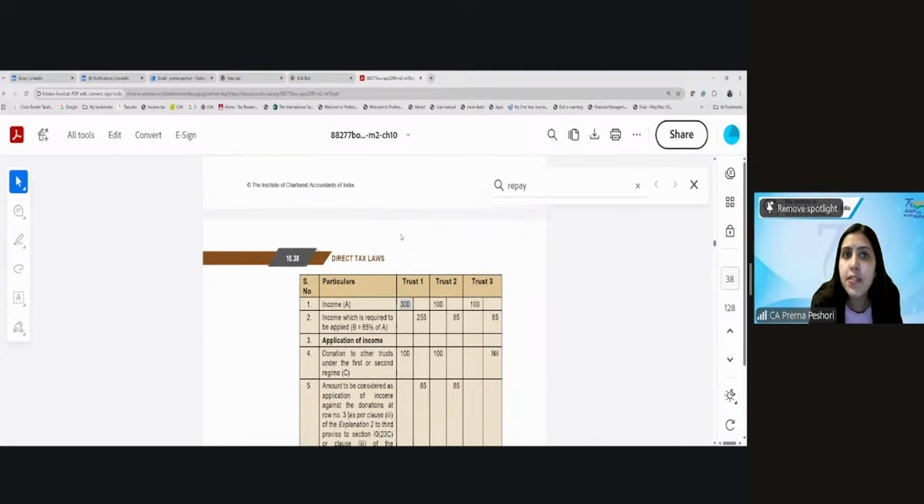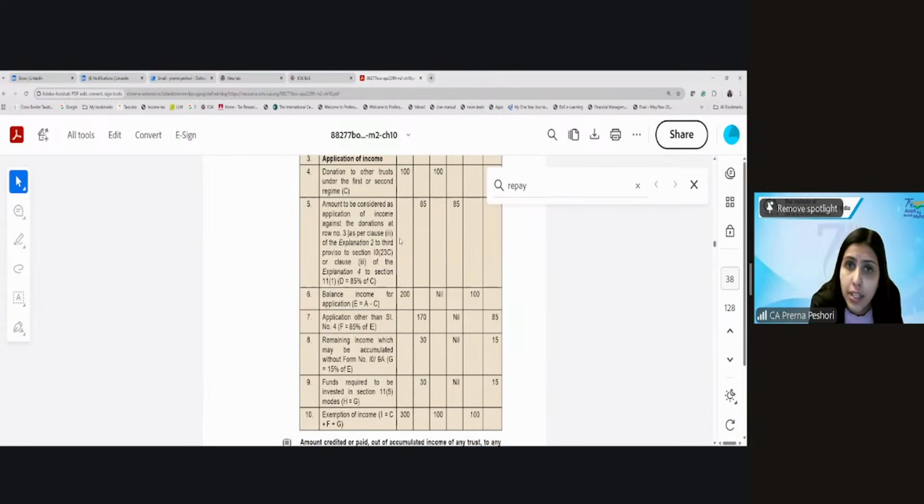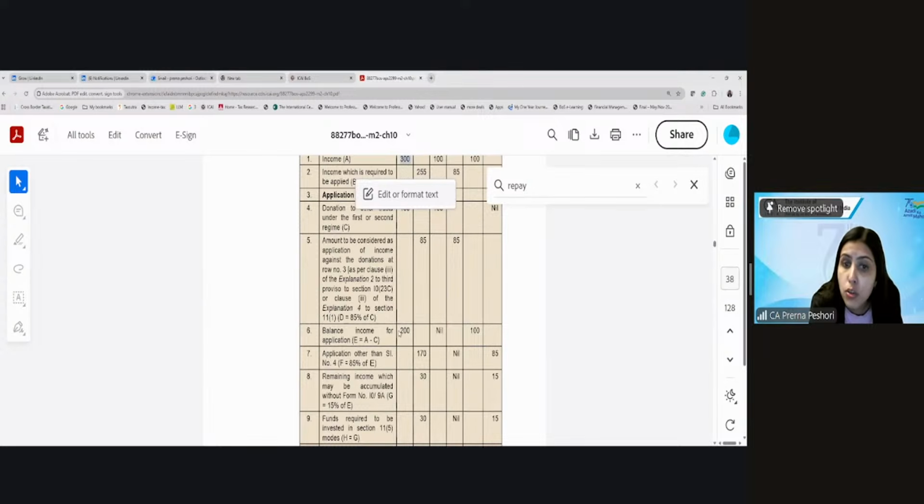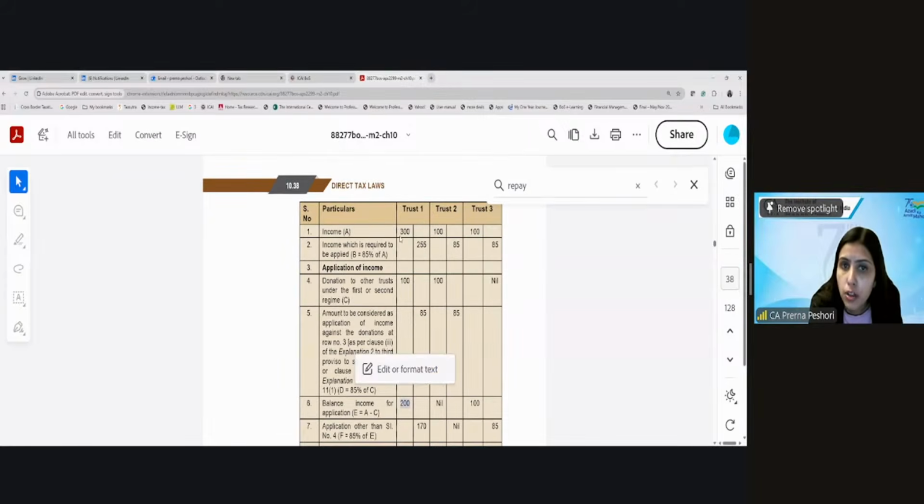But what the CBDT circular is saying is, you don't take 15% of 300, you take 15% of 200, which should be given to me to be accumulated in the modes in 11(5). Because if you tell me to do it from 300, I don't have 300 in hand. I have already given 100 rupees to another trust. I have only 200 remaining with me.